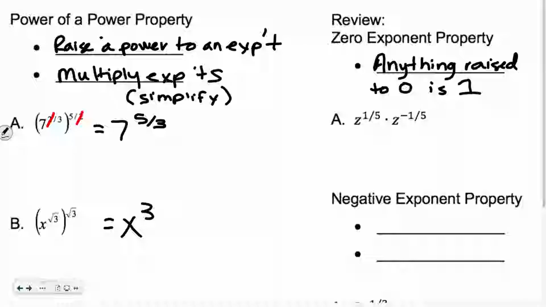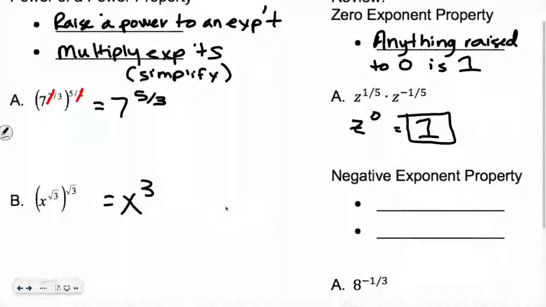Anything raised to the 0 is 1. So in this example, of course, it's a product of powers. I would add my exponents. 1/5 plus negative 1/5 is 0, so z to the 0 is just equal to 1. We talked about this on Friday.